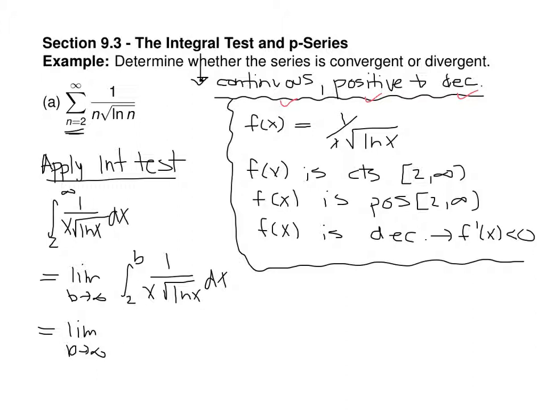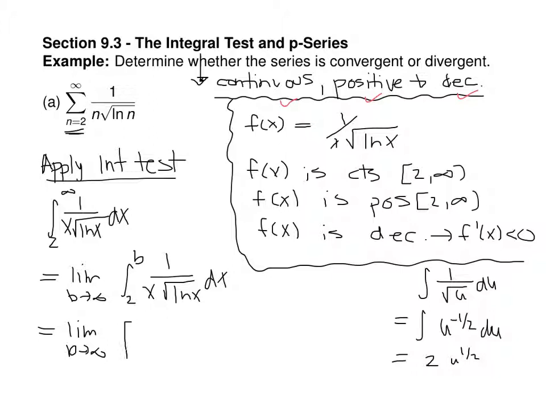Officially, you can do this integral using a u substitution for ln x. You would end up with the integral of 1 over root u du, or the integral of u to the negative 1/2, and that would be 2 u to the 1/2 plus c, of course. But we have a definite integral, so we don't need plus c.